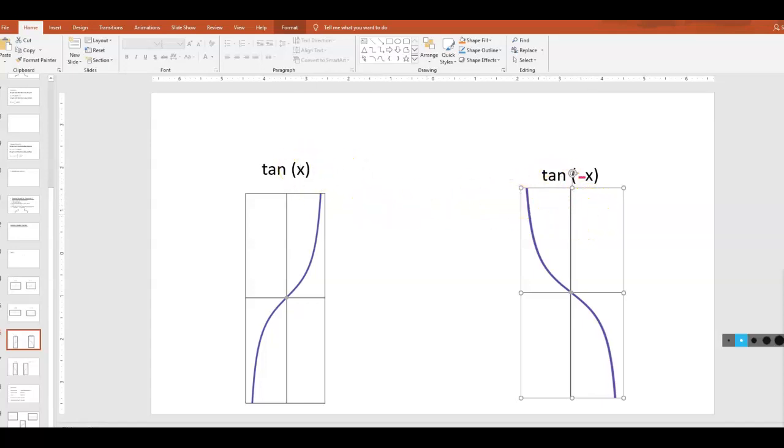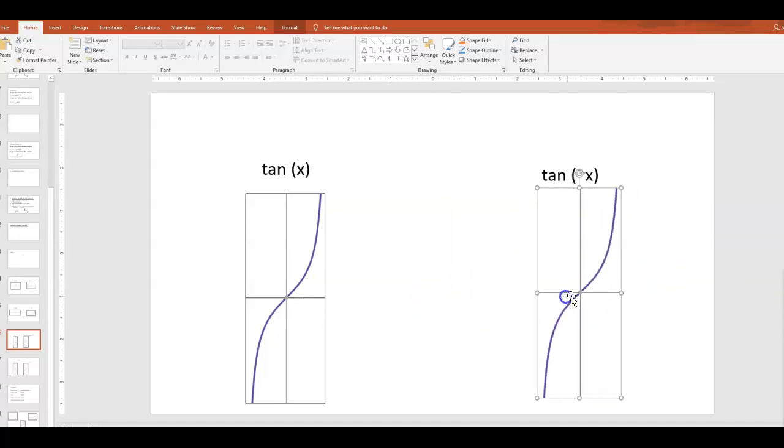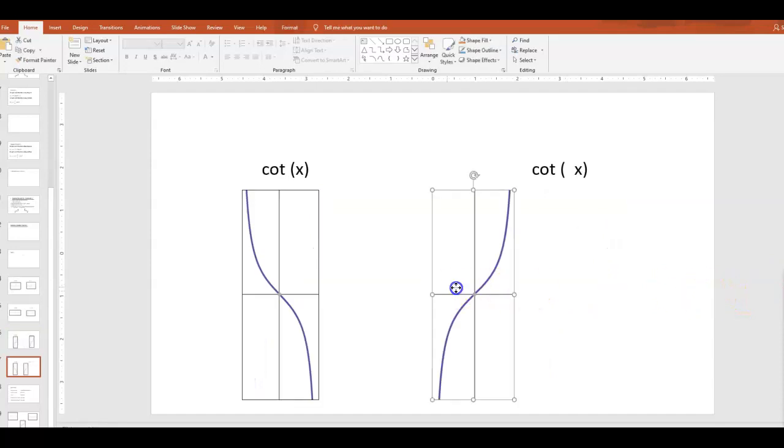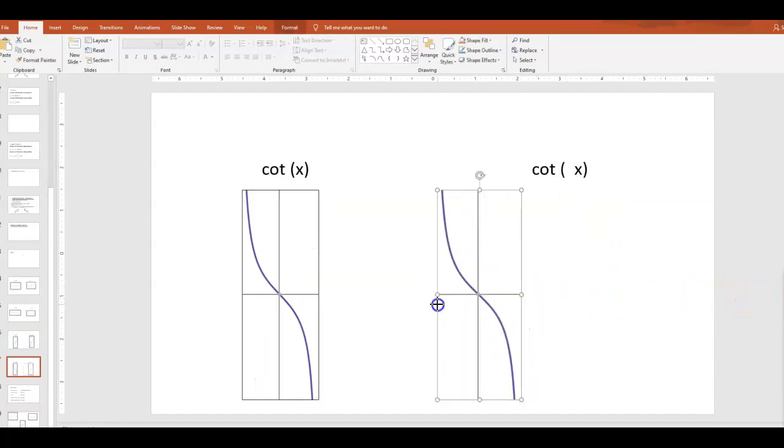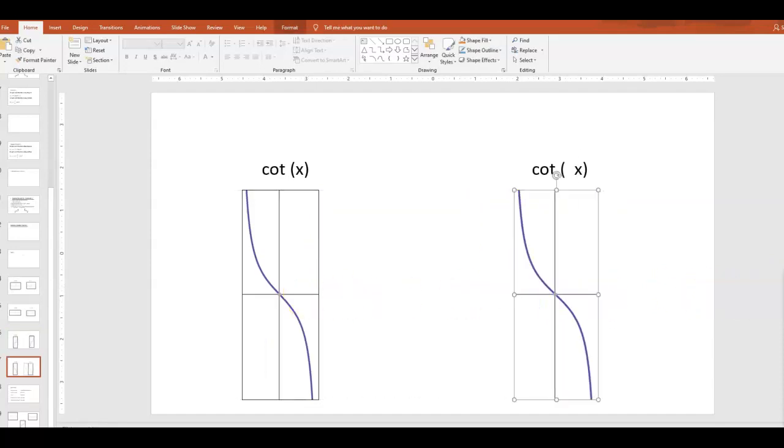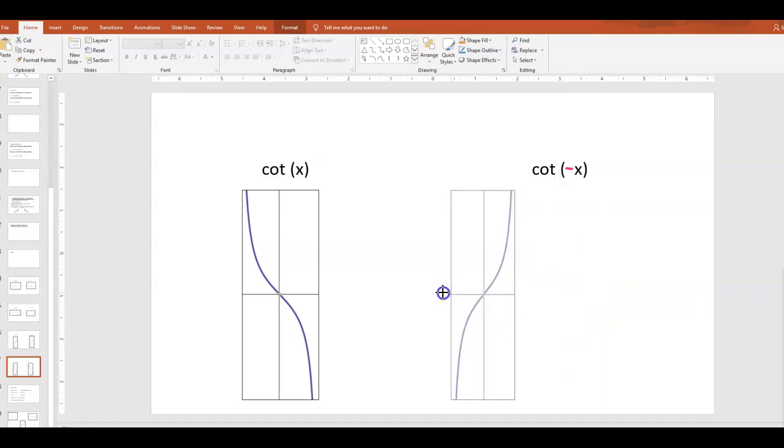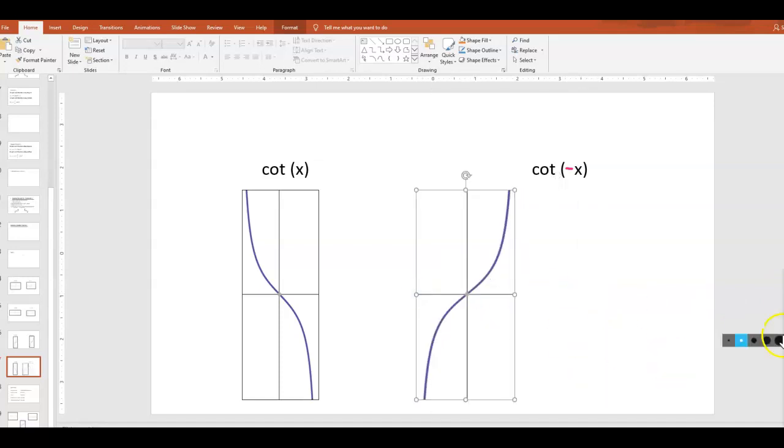Okay, so there's that. The same thing happens with cotangent. Cotangent usually looks like this, but if I put a negative on the inside, it makes it look like that, a tangent function.